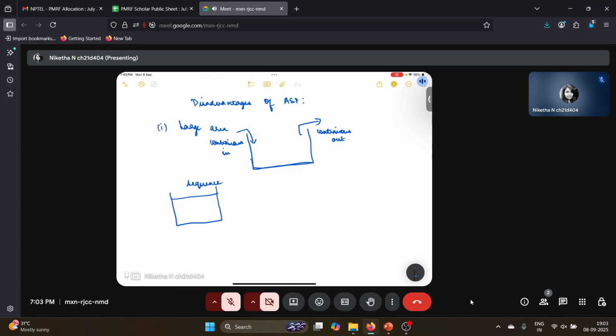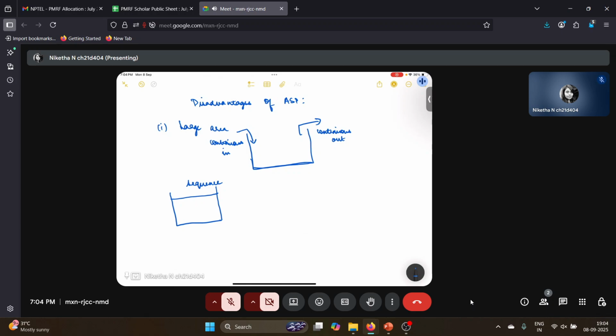Since all of these are done in a sequence and it is a batch process, there is no continuous input or output. There is only a fixed input, and only once the reaction is completed will there be an output. Once the first batch is completely treated, the second batch will be made to enter the reactor, treated, and sent out.